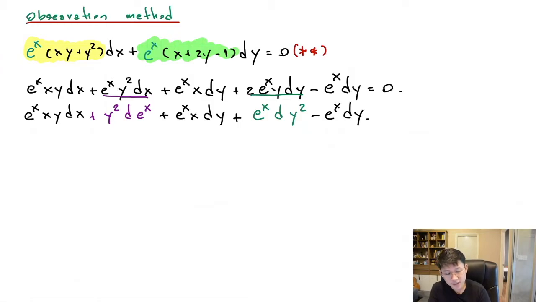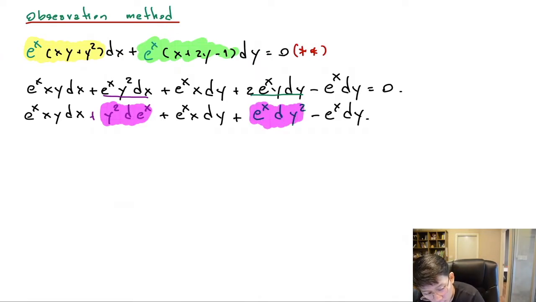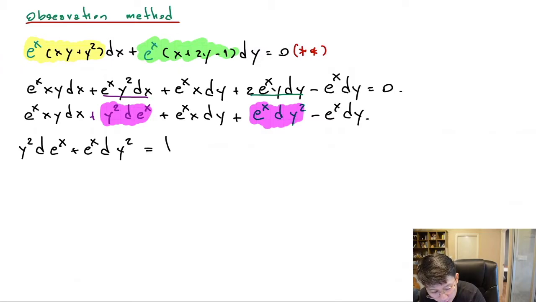Guys, if you look at these two terms, we know that y squared d of e to the x plus e to the x d y squared, that is d of e to the x y squared, isn't it?